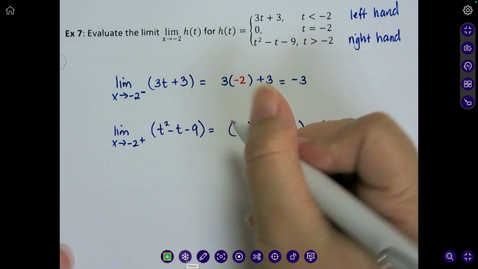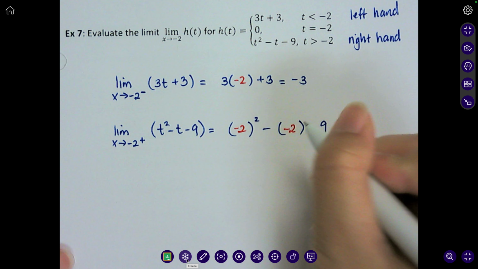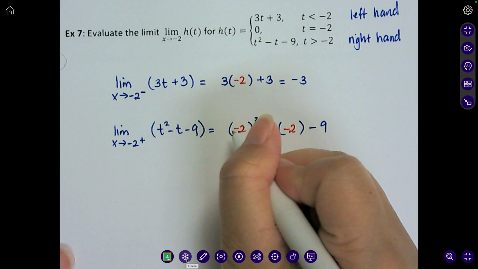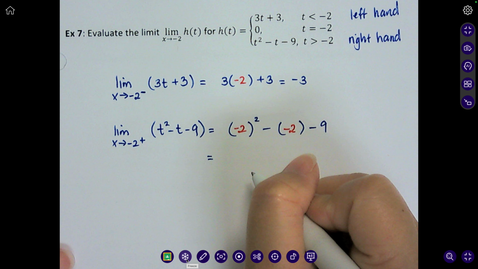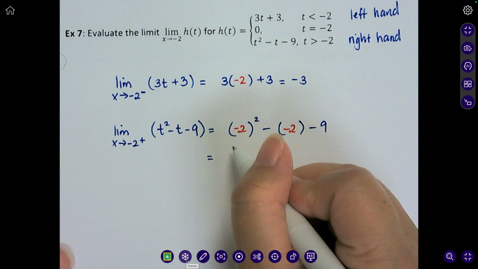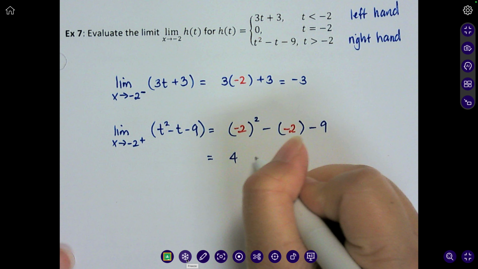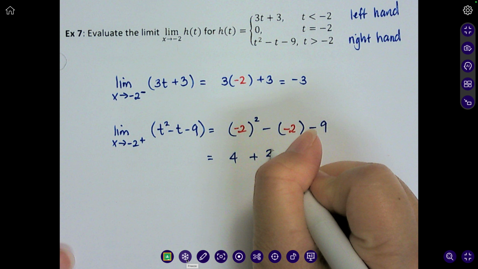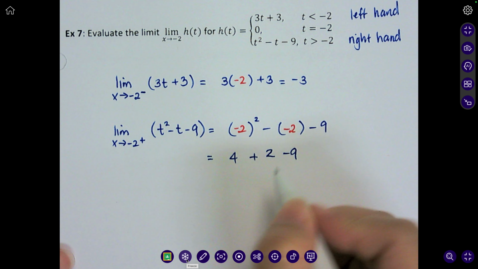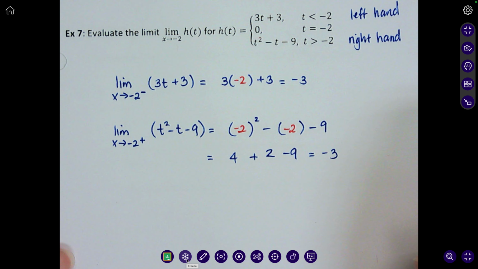Whenever you have a negative value that you have to substitute, put parentheses around the value x. That way it's easier for you to write your negative 2 in there. So you should have 4 plus 2 minus 9. Yeah? So that's going to be 6 minus 9 is going to be a negative 3.